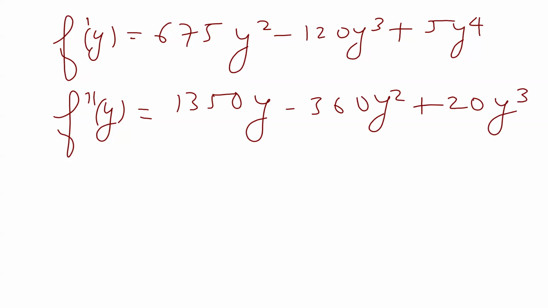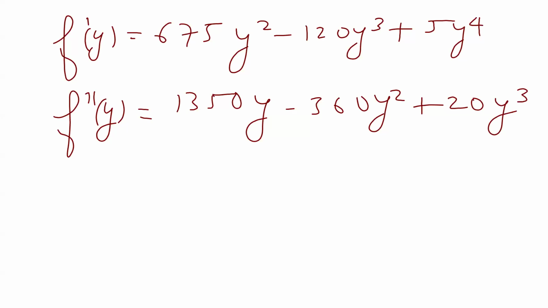Guys, are you getting the same values? Please check, because while turning the pages, sometimes I make errors while copying. Please tell me, are you getting the same thing? Okay, great.